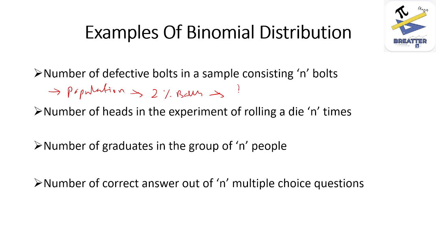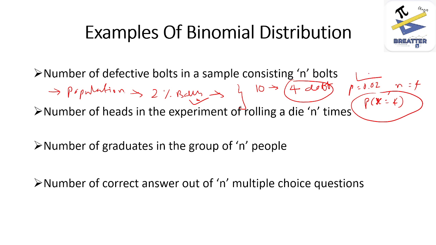Now if we are asked to find the probability that out of a sample of 10 bolts, 4 bolts are defective, how do we find that probability? Here the probability of success, that means the probability of a defective bolt, is 0.02, N would be 10, and we need to find P of X equal to 4.